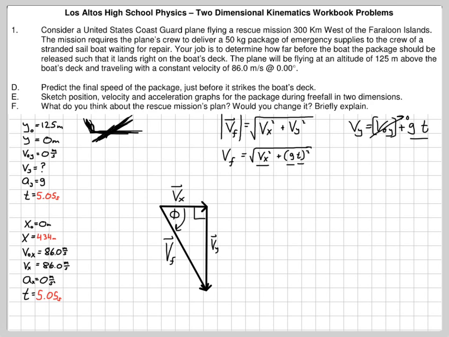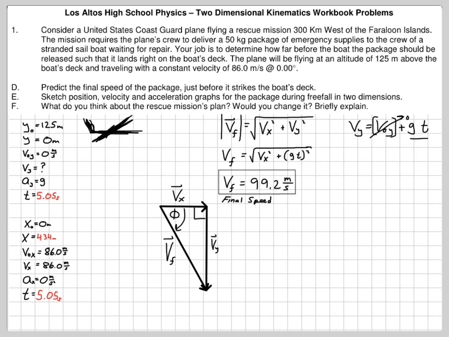So if I work out the details here in the calculator, I come up with the final speed to be 99.2 meters per second. And that's how fast the package is going just before it strikes the boat. I'll write that as final speed.